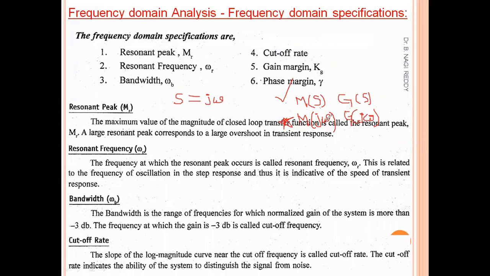Okay, and the frequency domain analysis can be used to determine the stability of both open loop as well as closed loop systems. So for both the systems we can use this frequency domain analysis.